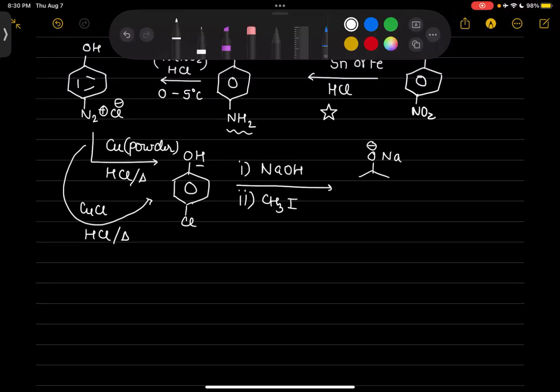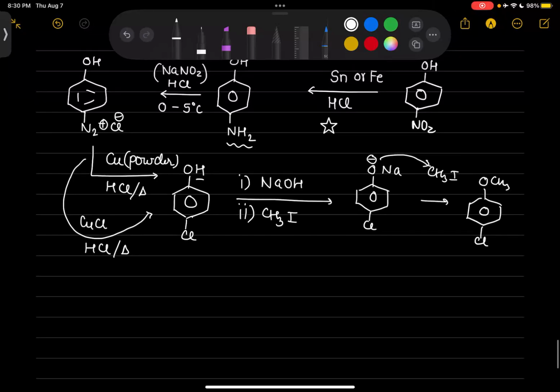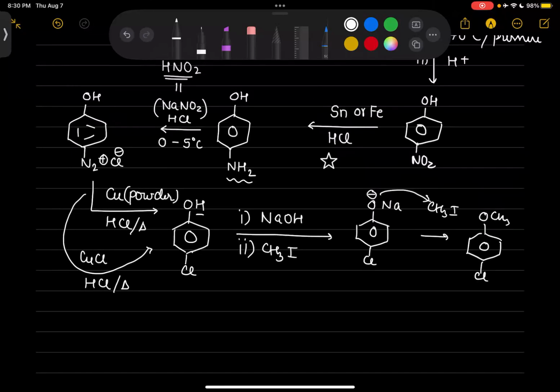First, we will end up with ONa, and then this CH3I will displace the iodine and give OCH3. Parachloroanisole, right? Exactly. So I hope this is clear to all of you.